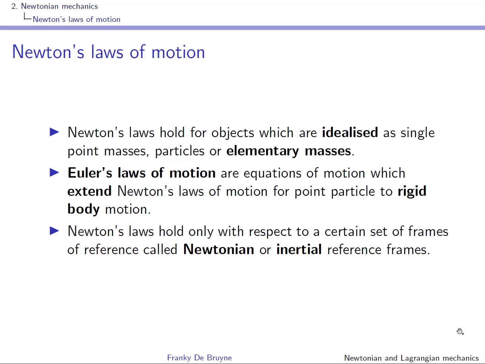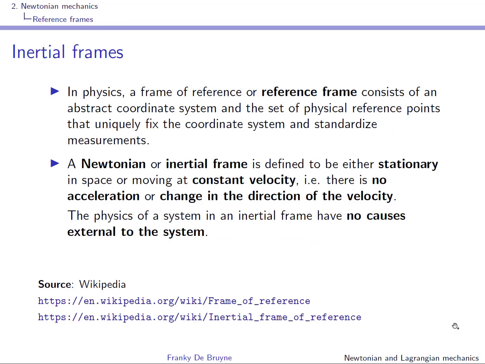A second word of caution is that Newton's laws, as we will see in the next few slides, are valid only if you work in an inertial reference frame or in a Newtonian reference frame. Well, you're all familiar with the concept of a reference frame. There are some frames which are stationary in space, fixed in space, or moving at a constant velocity.